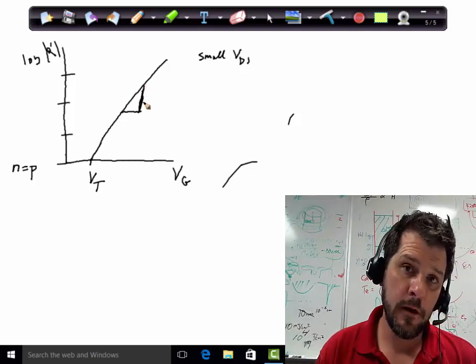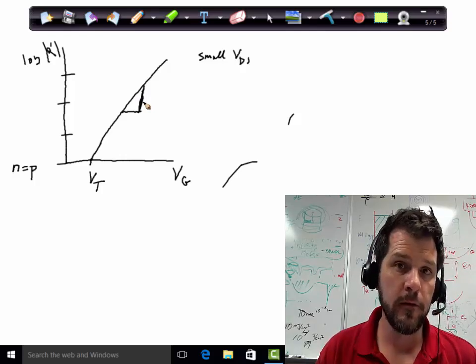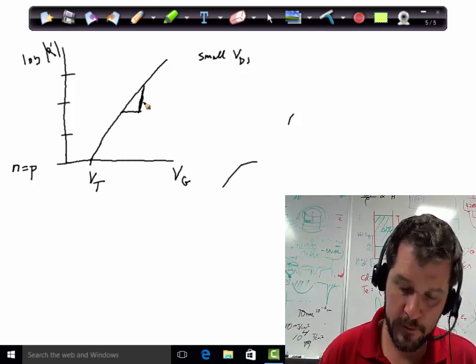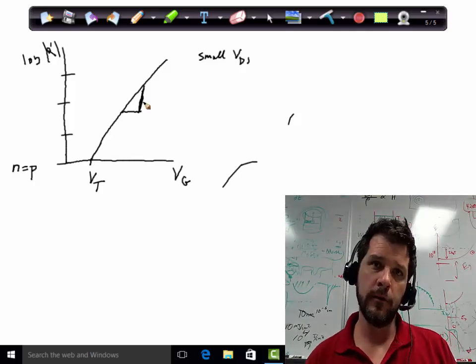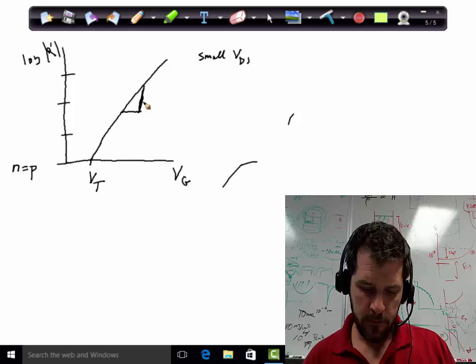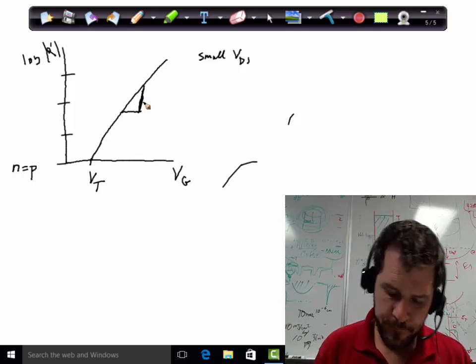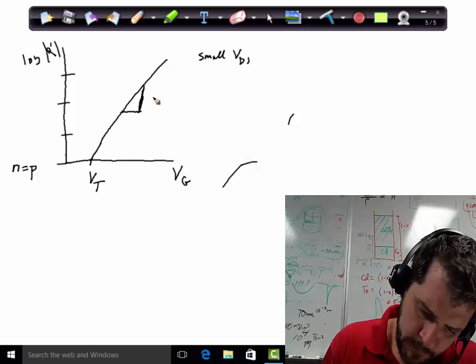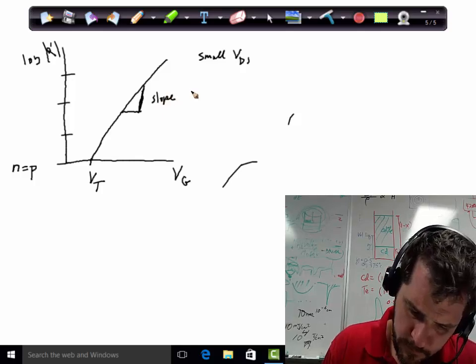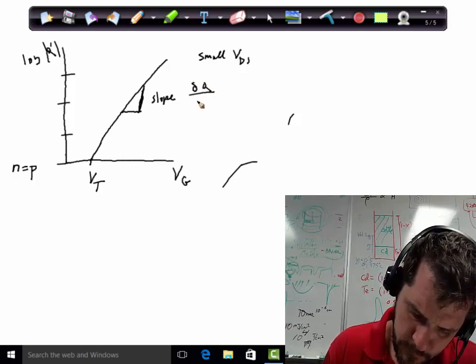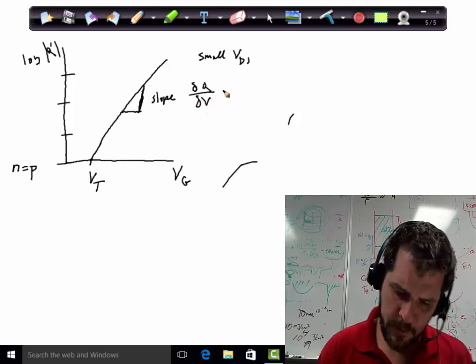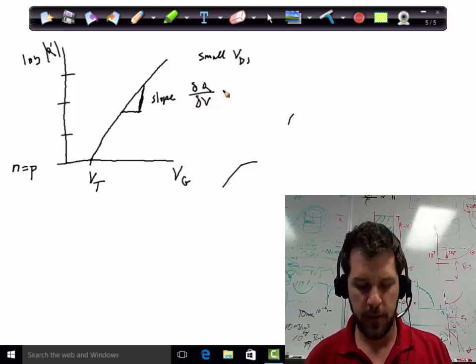The ability to invert the channel very easily with small increments of voltage is desirable. Or another way of saying that is, it takes a little bit of voltage to turn the transistor on and off. And so we define the slope here as dQ/dV, and we want this slope to be as steep as possible.